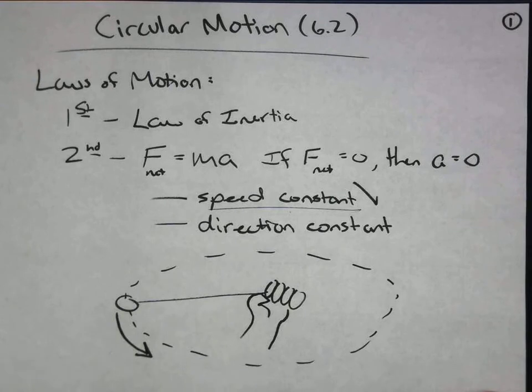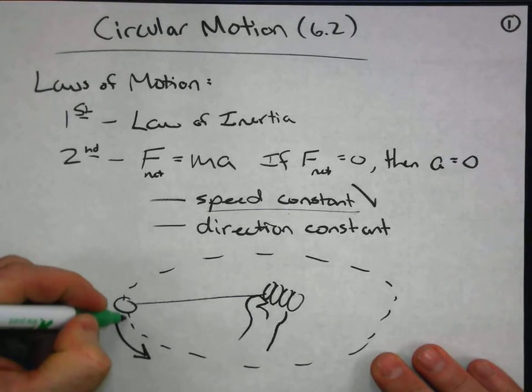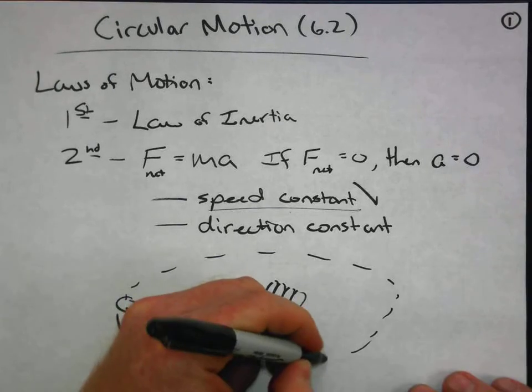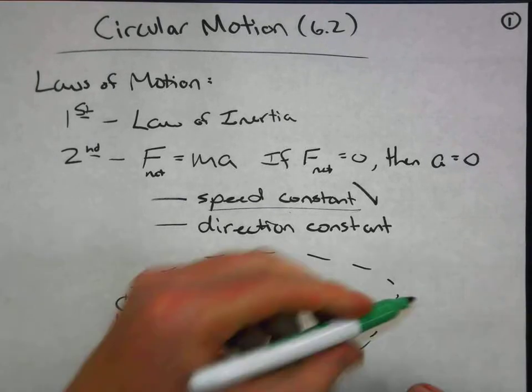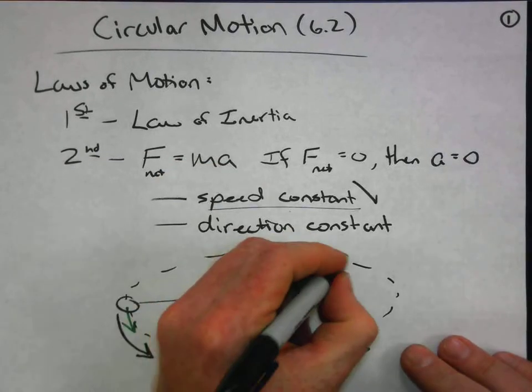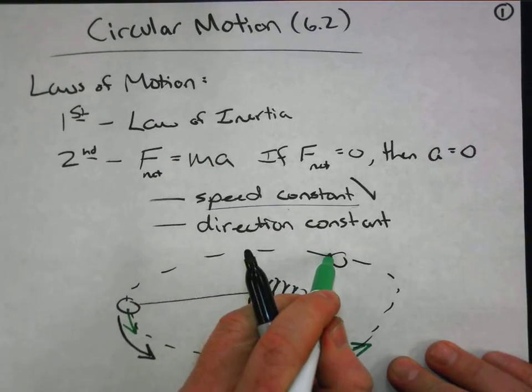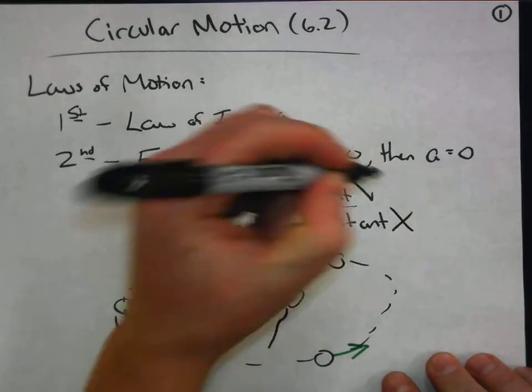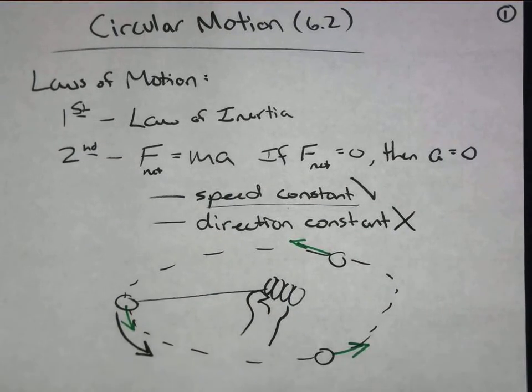But clearly, even though speed is constant, the direction is continually changing. Look, right here, this object is moving in that direction. When it gets over to this location, the object is moving in this direction. When it gets over here, the object is moving in this direction. So the direction is constantly changing. No, the direction is not constant. What does this mean?